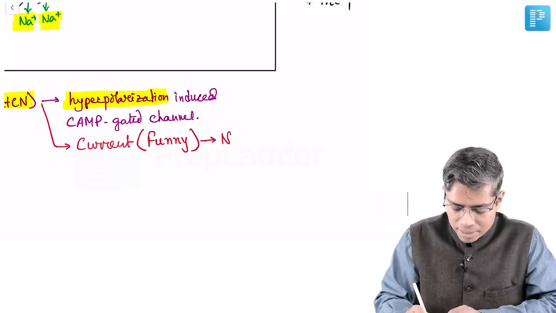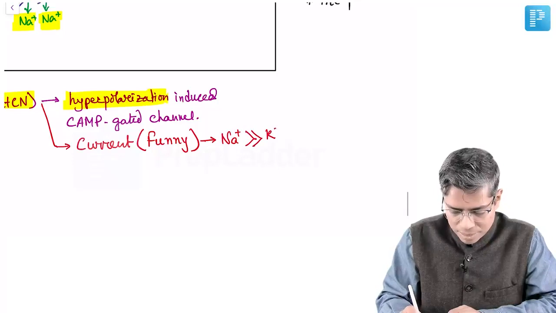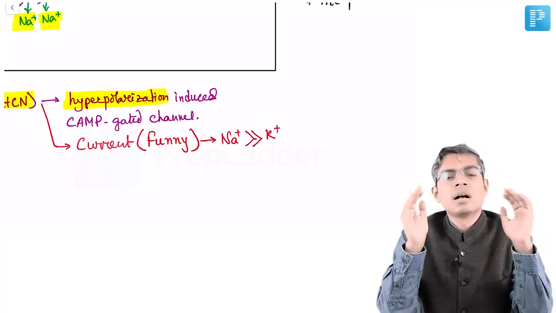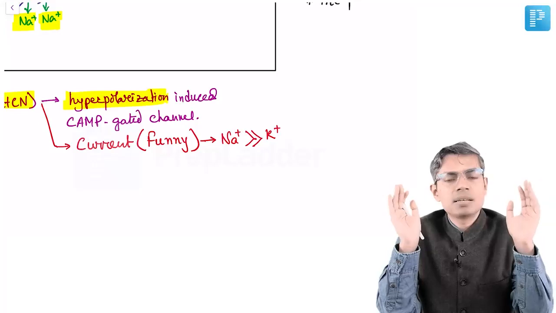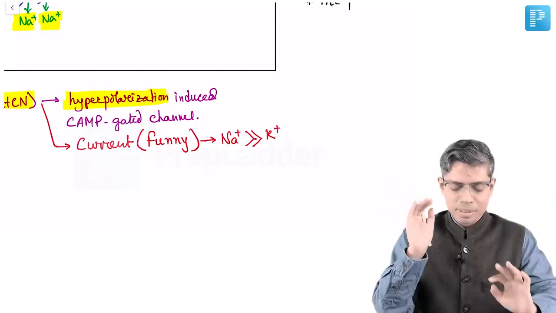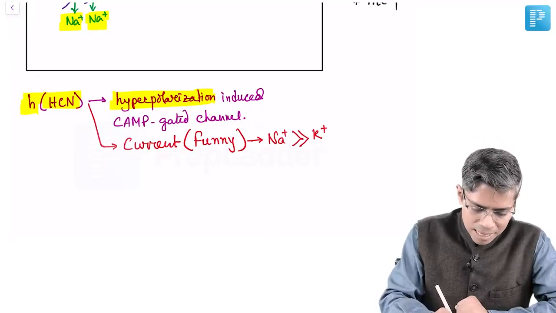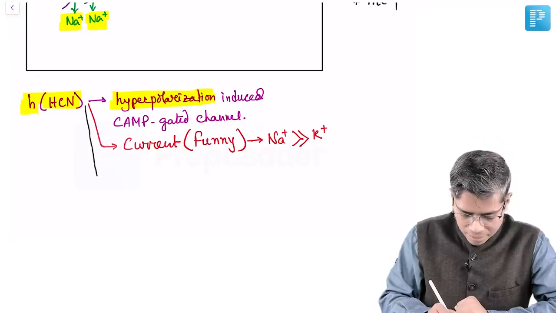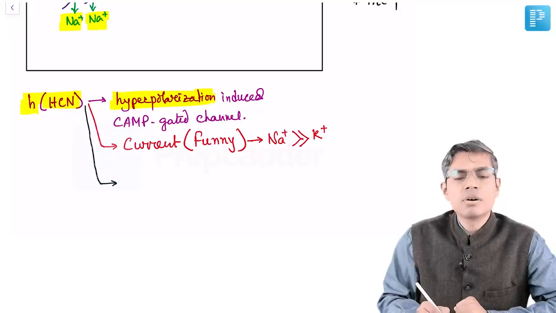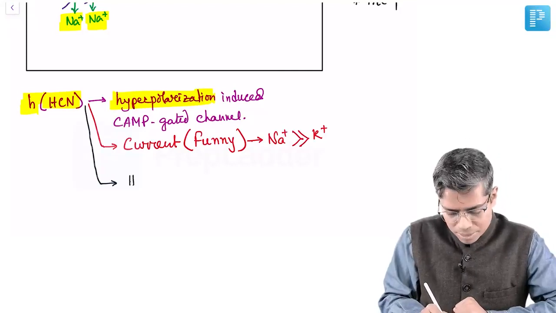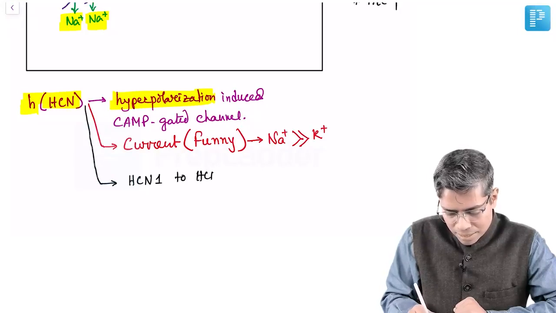The current is due to which ion? Sodium greater than potassium. Both of these ions are permeable through this channel, but mainly it is sodium permeability. Then third, remember that till date 4 different subvarieties of HCN channel have been discovered, known as HCN1 to HCN4.